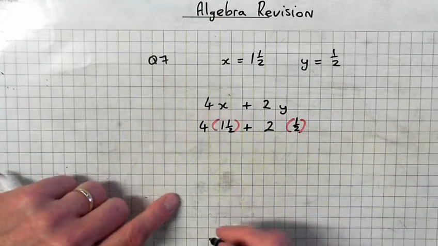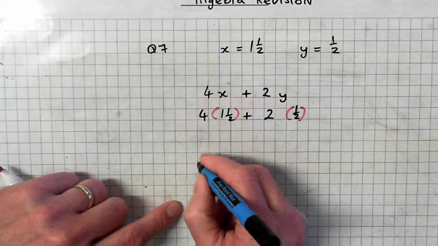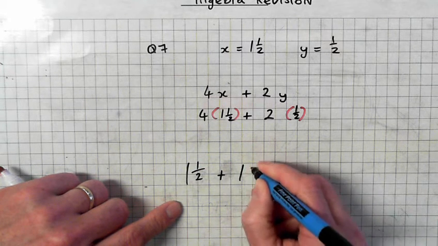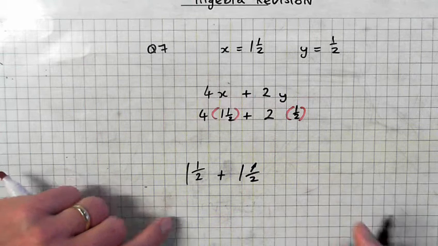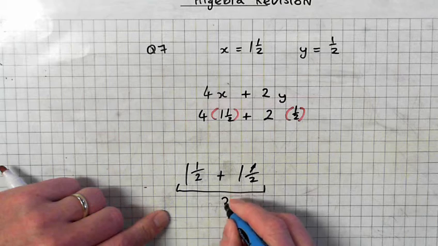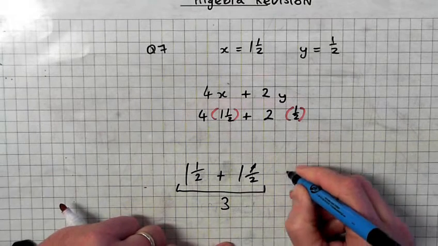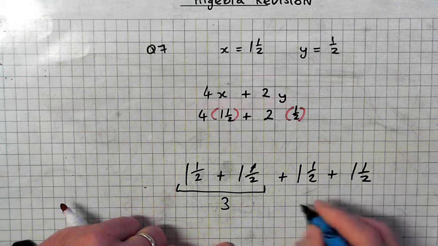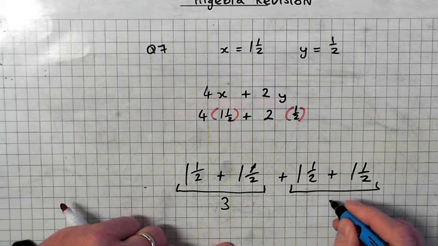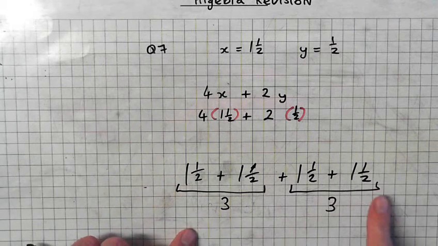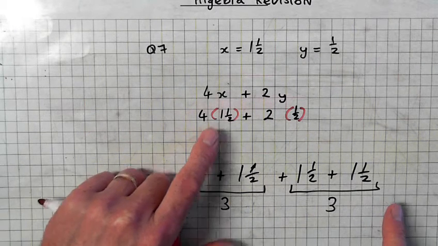Now down here, okay, watch this. Just in case you don't know, 1.5 plus 1.5 is 3. That's another 3, isn't it? So if I've got four 1.5s, what's the answer? 6.